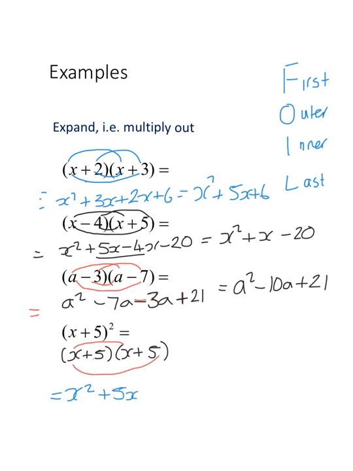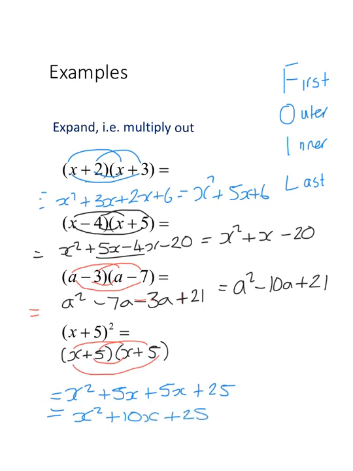Two inner terms will be another 5x. And the two last terms plus 25. Giving us x squared plus 10x plus 25.